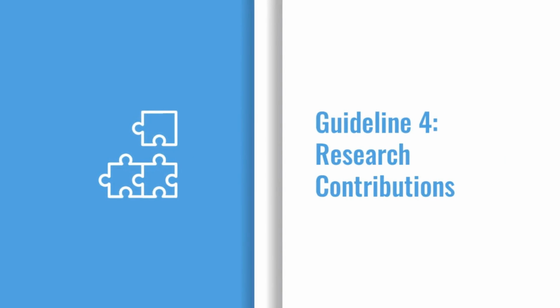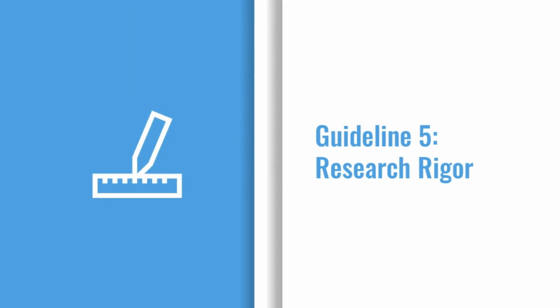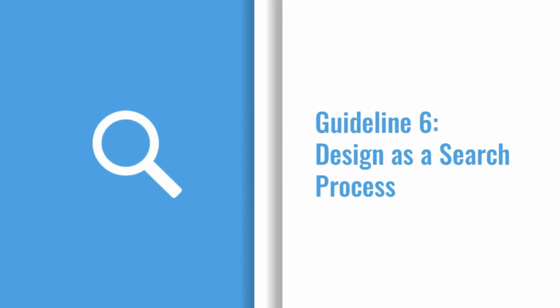Guideline 4, Research Contributions. Effective design science research must provide clear and verifiable contributions in the area of the design artifact, design foundations, and/or design methodologies. Guideline 5, Research Rigor. Design science research relies upon the application of rigorous methods in both the construction and evaluation of the design artifact.